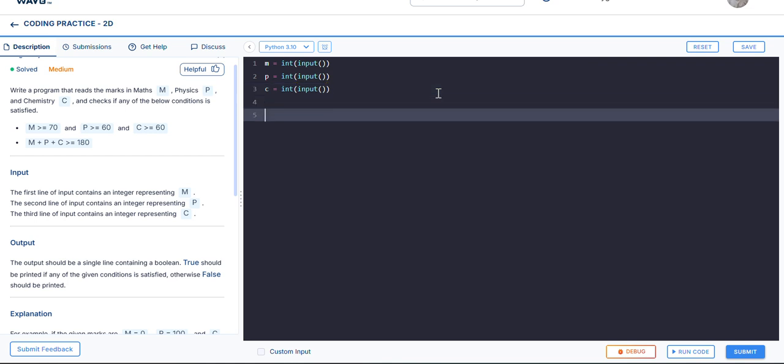After that, we have to write code for the first condition. For condition 1, they mention that m greater than or equal to 70, and we have to use the AND logical operator here. p greater than or equal to 60, again we have to use AND. We have to perform an AND gate between the three given values.